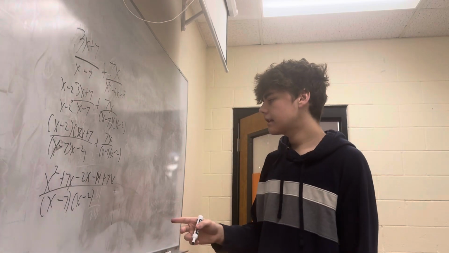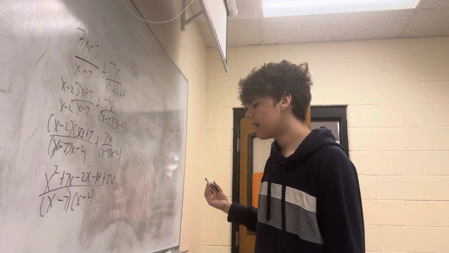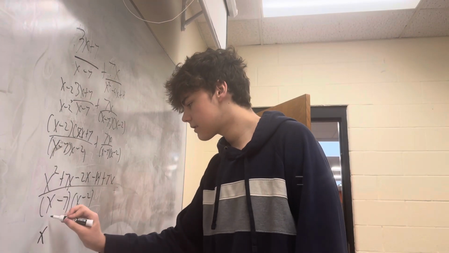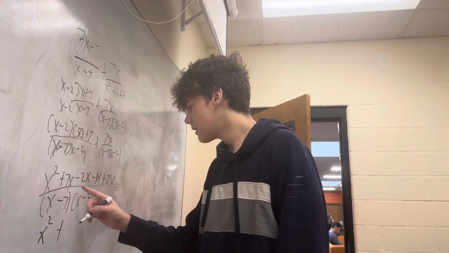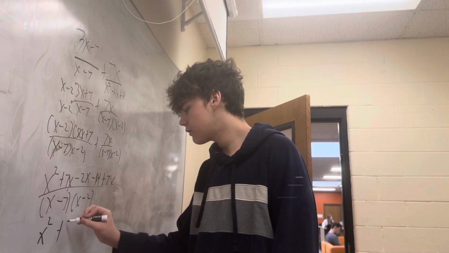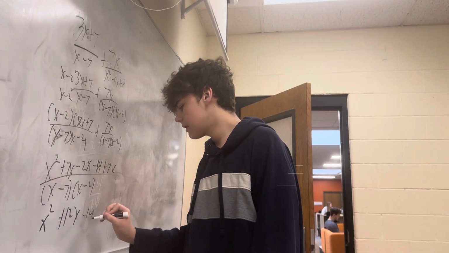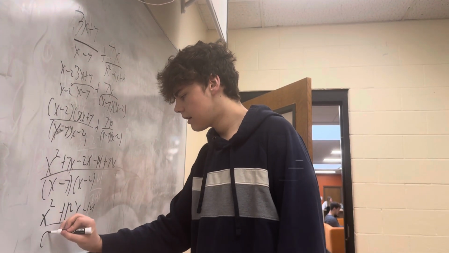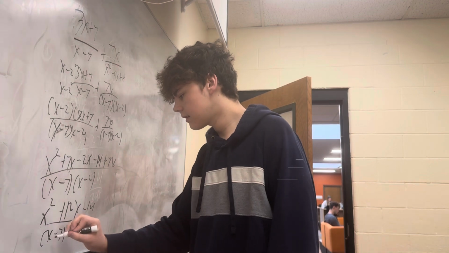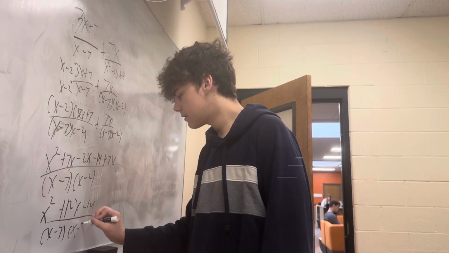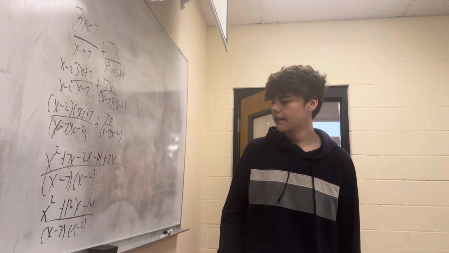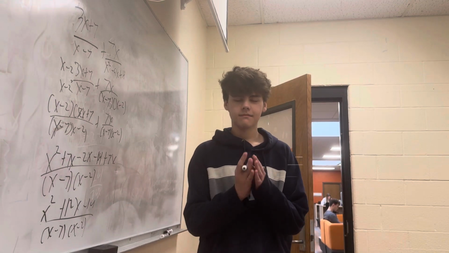And then basically just combine them all together after that. So it's 3x squared plus 12x minus 14 over x minus 7, x minus 2. And that's your answer. Namaste.